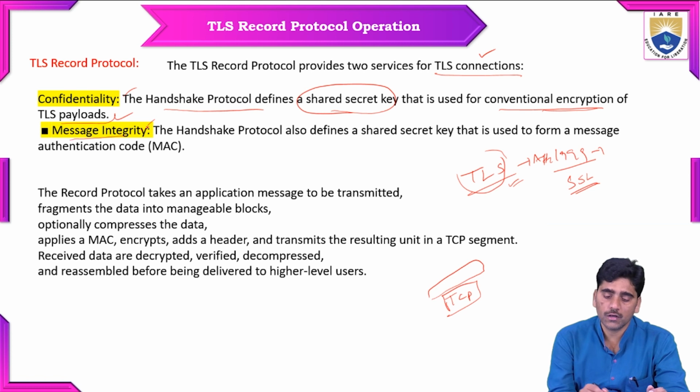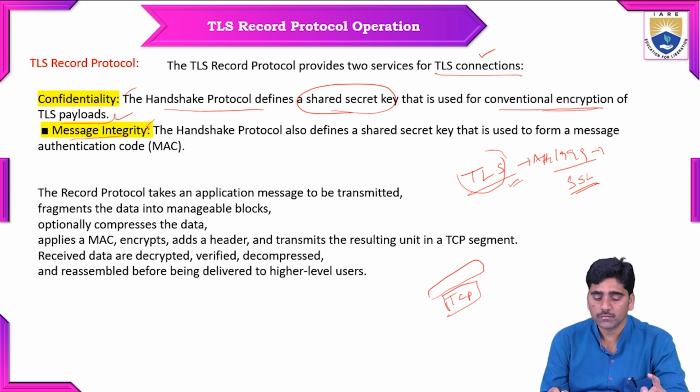And the second one is message integrity. The message cannot lose its originality. The message cannot be altered or modified. The handshake protocol also defines a shared secret key that is used to form a message authentication code.